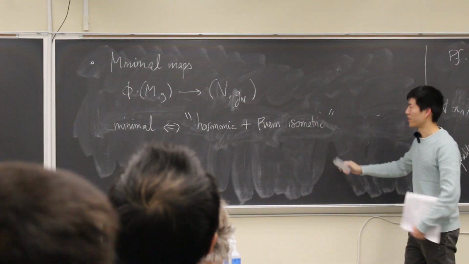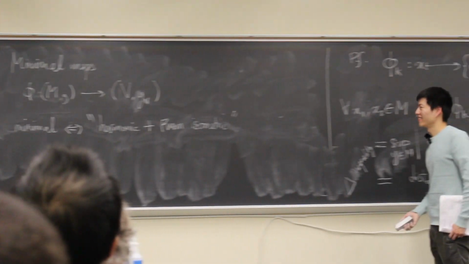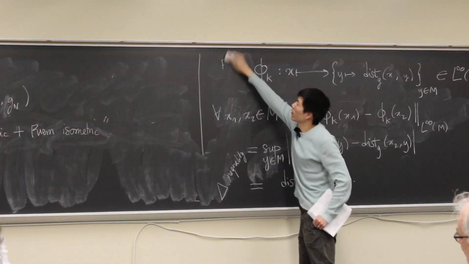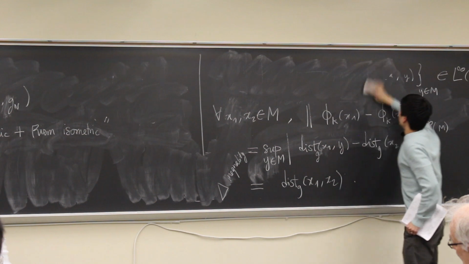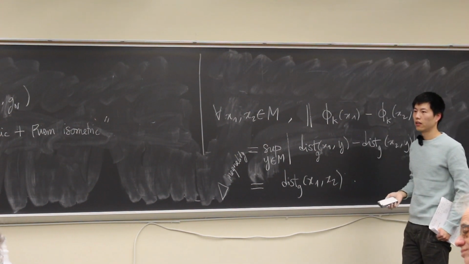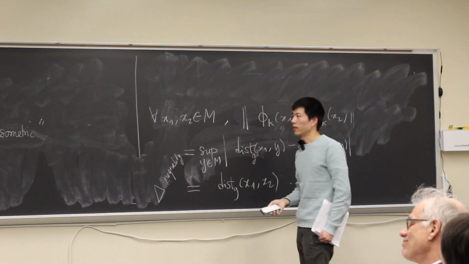Just for the sake of simplicity, let me use this as a kind of definition of the word minimal. There are contexts where it's actually harmonic and conformal rather than isometric. That's right.